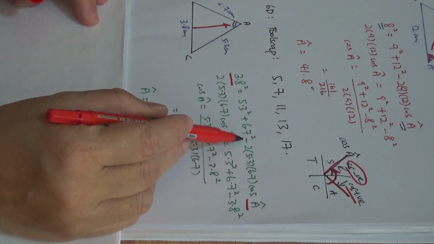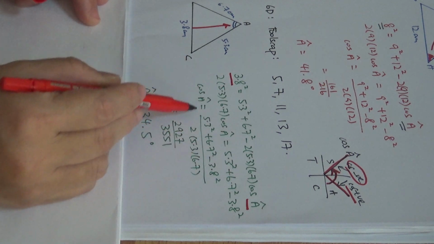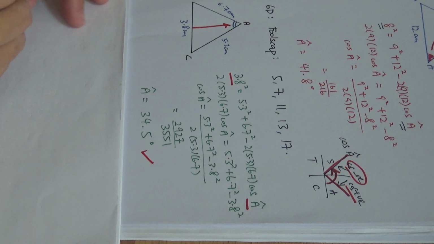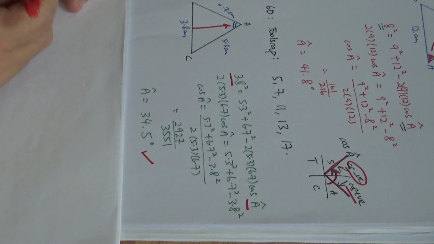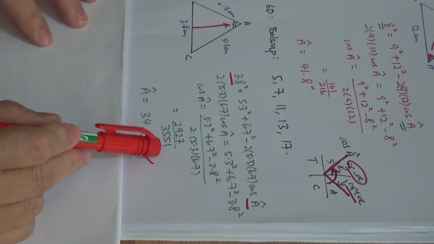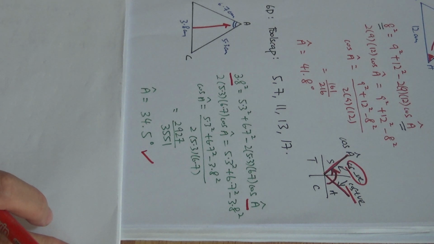You bring this negative over to become positive, and you bring this 3.8 over. After that you divide, find the answer, and this will be the answer. Like what I've said just now, there will be only one answer, because when cosine is positive, the angle is acute.